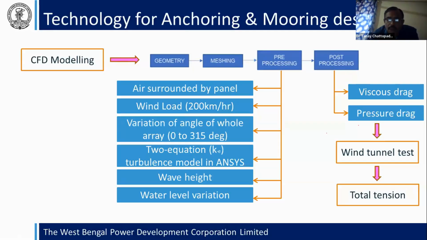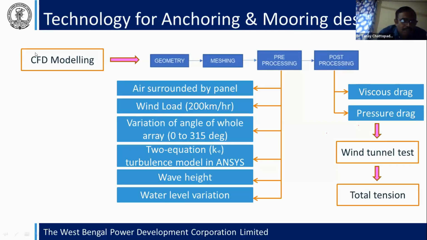Then you have to mount it such that there is no disturbance of the floaters during wind load. It should not be destroyed, so you have to put a mooring and anchoring system to mount it on the water. That is the first part, the mounting system.